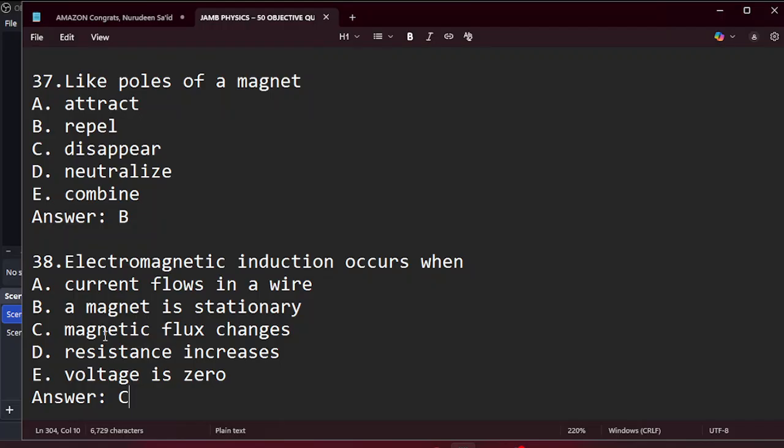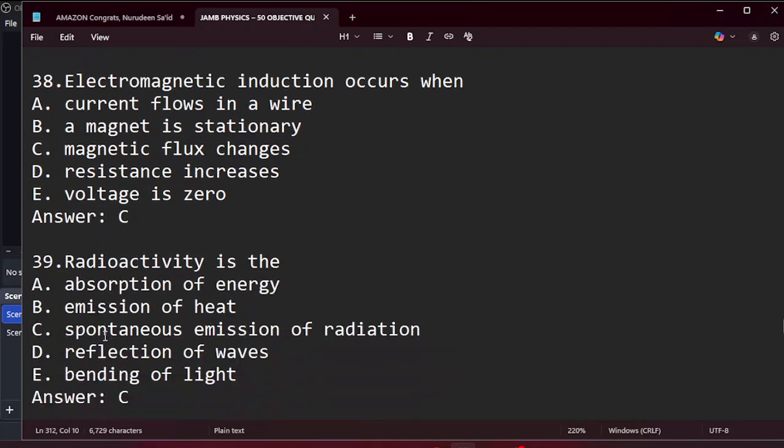The answer is B, which is repel. Question number 38. Electromagnetic induction occurs when A, current flows in a wire, B, a magnet is stationary, C, magnetic flux changes, D, resistance increases, E, voltage is 0. The answer is C, which is magnetic flux changes.